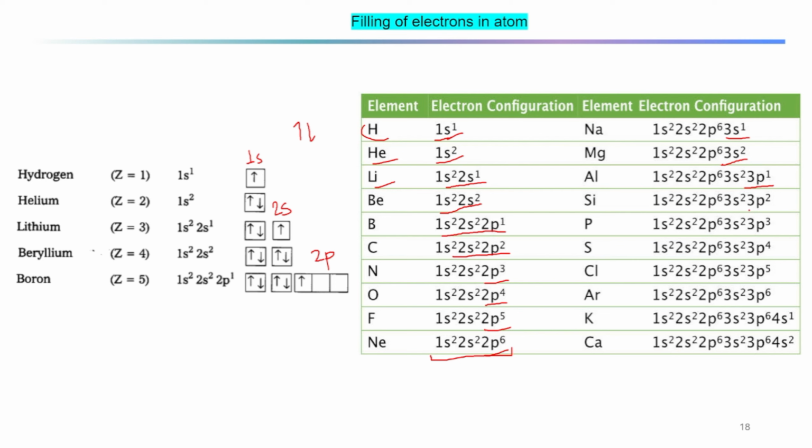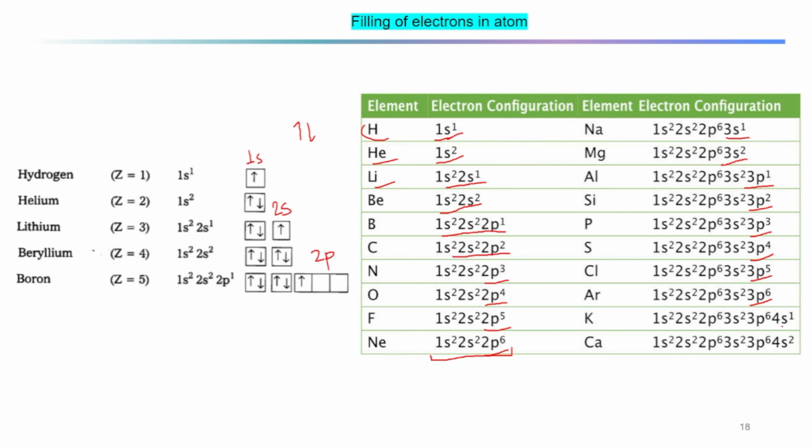Then in case of silicon, we add another electron in the 3p, and similarly in phosphorus, sulfur, chlorine, and argon. In case of argon, the last electron is going in 3p, and we get the electronic configuration 1s2, 2s2, 2p6, 3s2, 3p6. As 3p6 is reached, the orbital is closed.